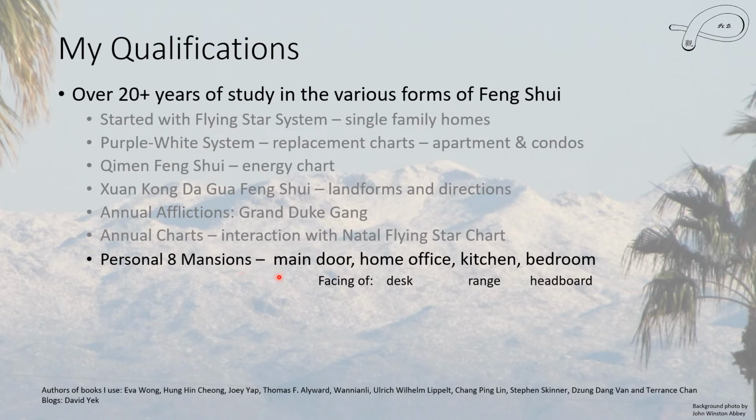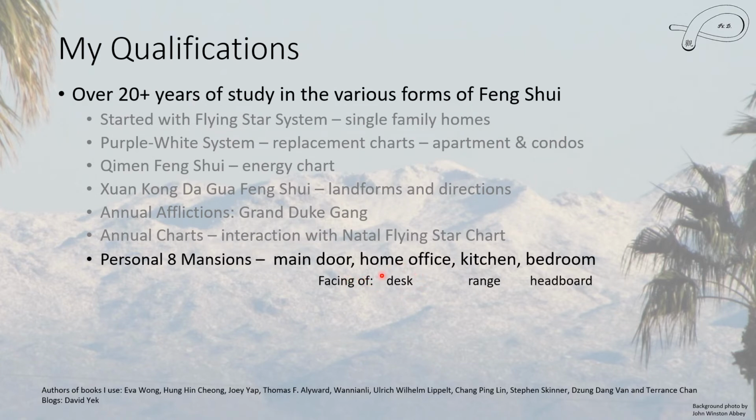Either one is fine. And there's other ways to use it. Even if you have an existing house and you're not planning on moving, I do hope that at least one of those, either your facing direction or your main door's facing direction, is a good direction for you. But there's other ways to use it.